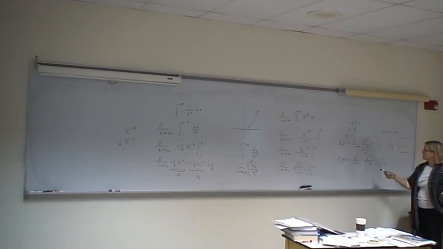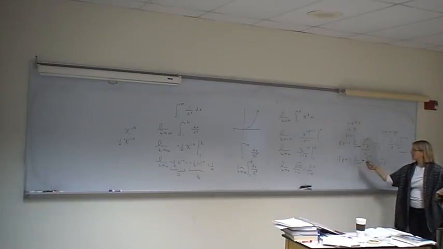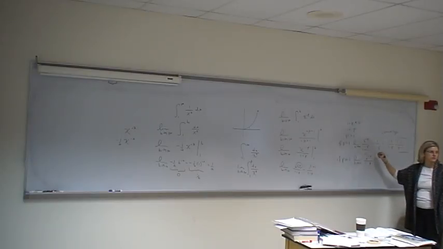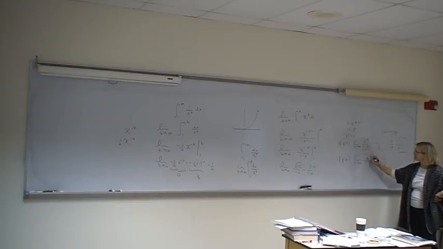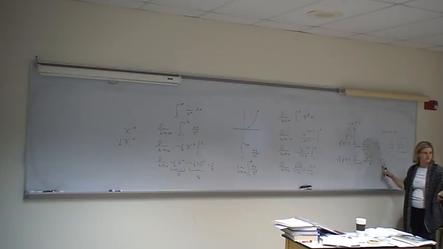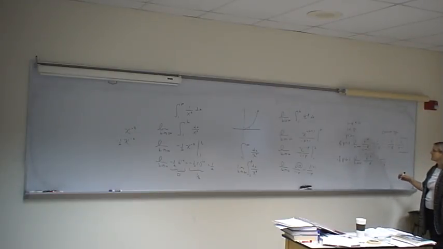Now, p is less than or equal to one, so that means this part is staying in the numerator, so it goes to infinity. The b is going to go to infinity, it doesn't really matter what this is. So this means that this diverges.